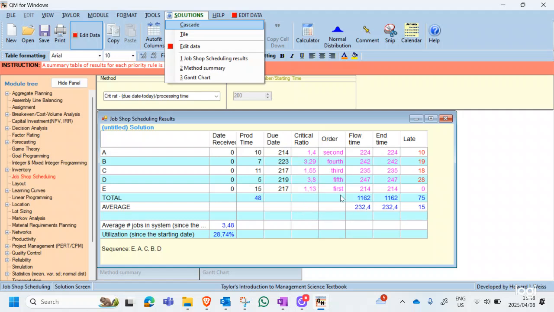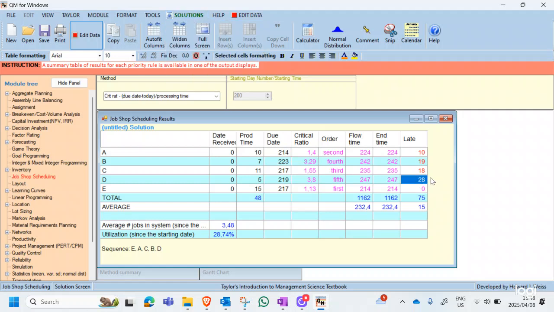Yes, that's correct. And then the flow time. But what's happening? I'm getting 28 instead of 68. There's something I might have done wrong.